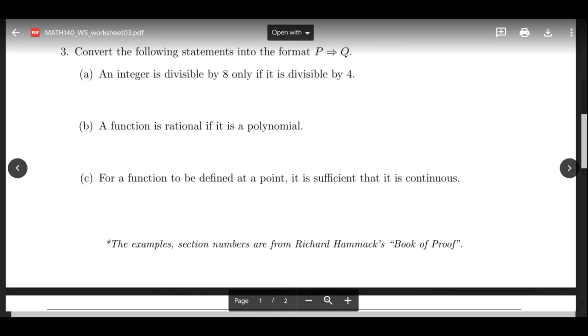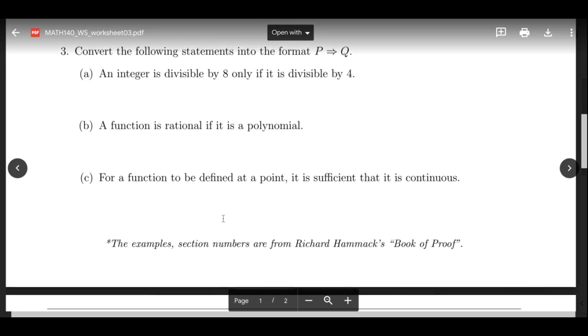P is if it's continuous, yes, right? P equals if the function is continuous, then Q is defined at a point. So that's P implies Q. Great. Yes, I agree with you.